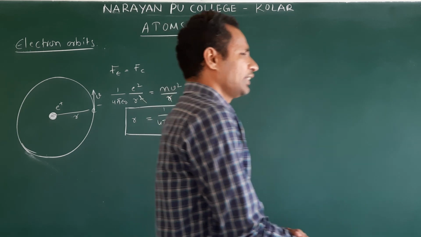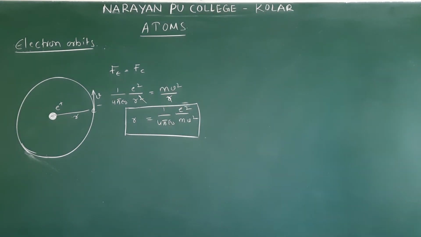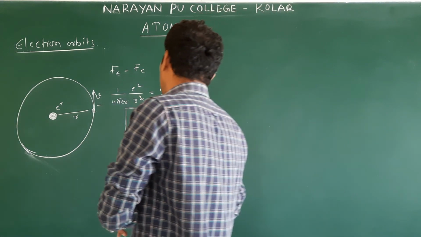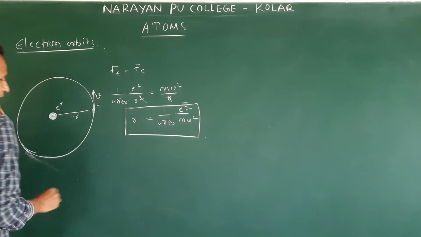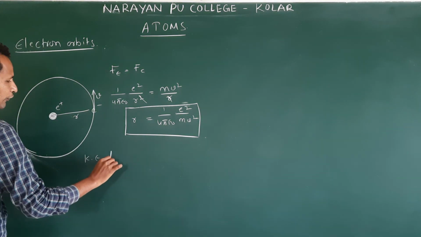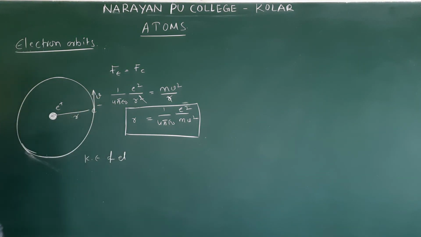Clear? Total energy of the electron, total energy of the particle, how do we write? It is the sum of the kinetic energy and potential energy. So first we will find the kinetic energy, KE of the electron, because it is moving with velocity v.